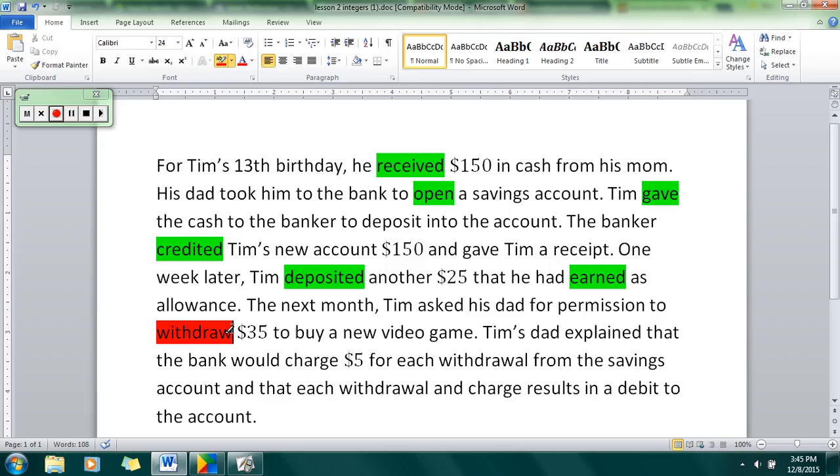In this case, withdrawal would be a negative. Withdrawal, charge, and debit are all words that represent negative integers. The reason we need to know this is because sometimes they're going to be talking to us about integers in sentences without being able to actually tell us if it's a negative or a positive.